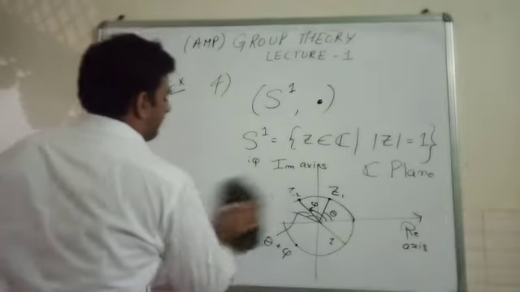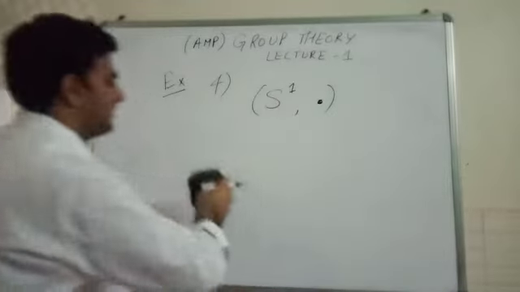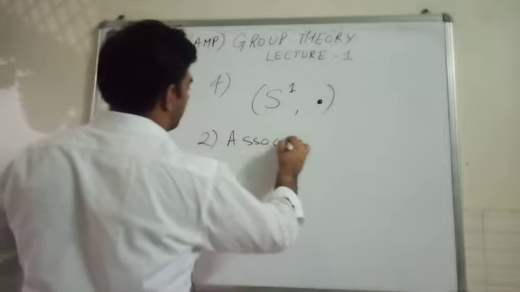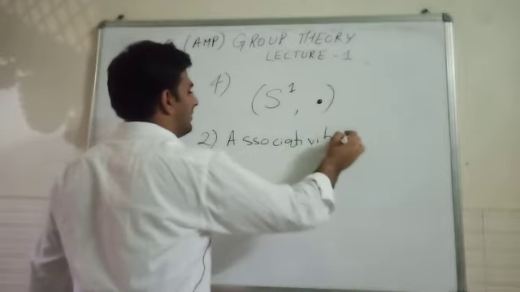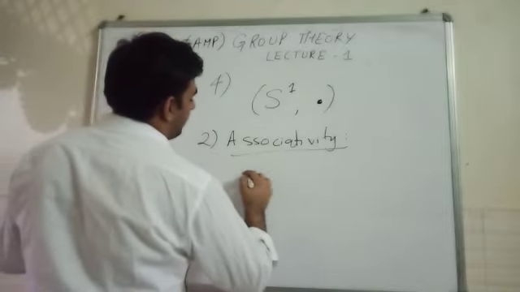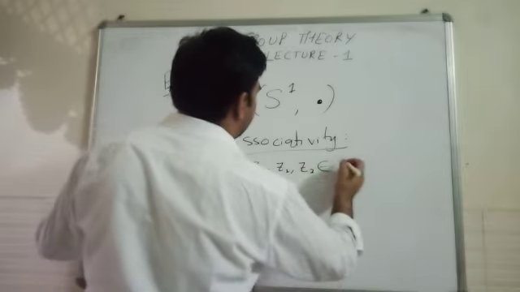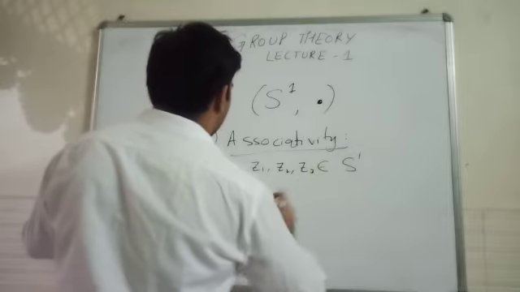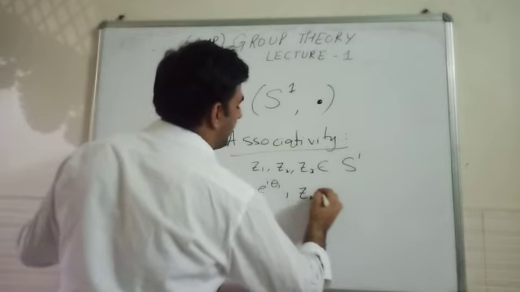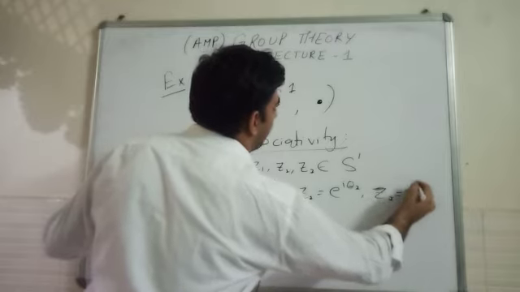Now let's see the other properties. So associativity. We have three complex numbers Z1, Z2, Z3 in S1. Let Z1 be of the form e to the I theta 1, Z2 be of the form e to the I theta 2, and Z3 be of the form e to the I theta 3.